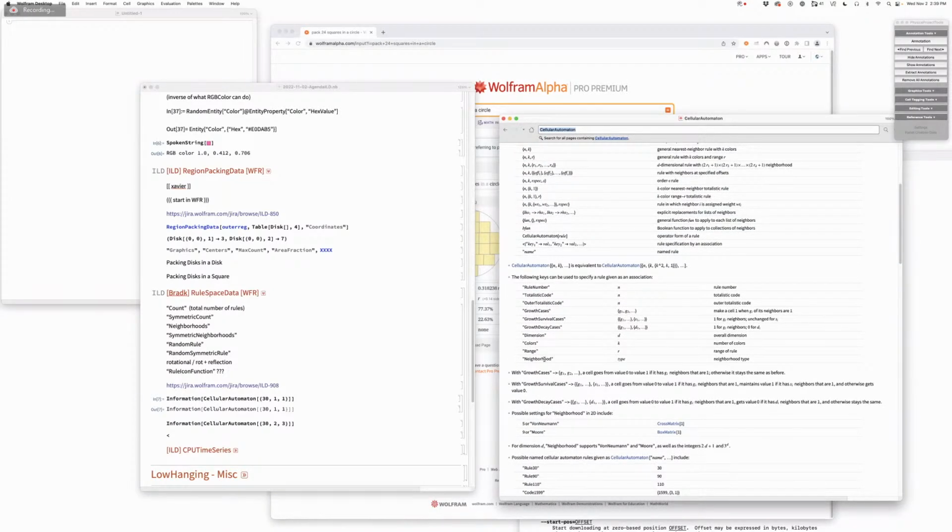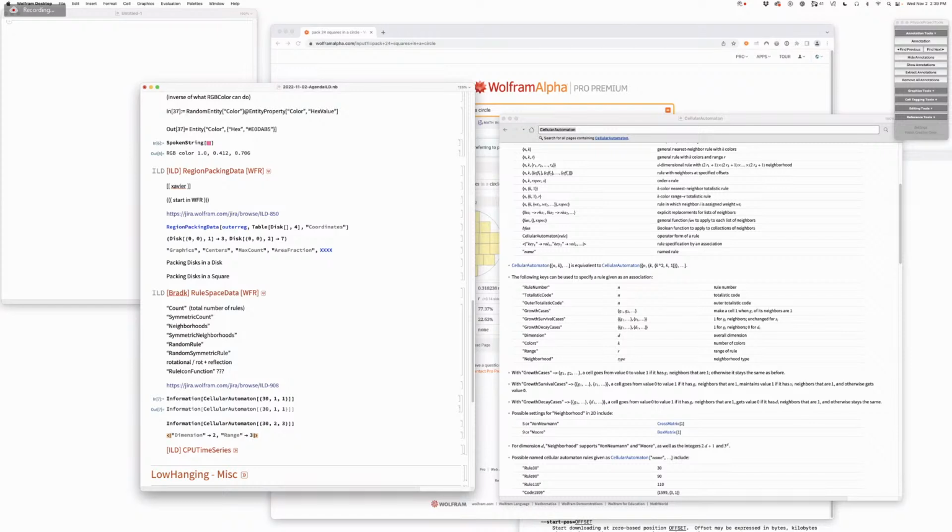Given a thing that says dimension 2, range 3, we simply should be able to ask how many rules are consistent with this.